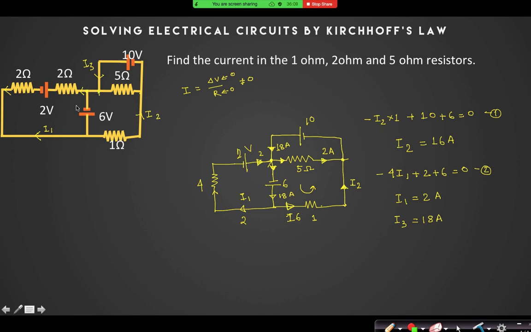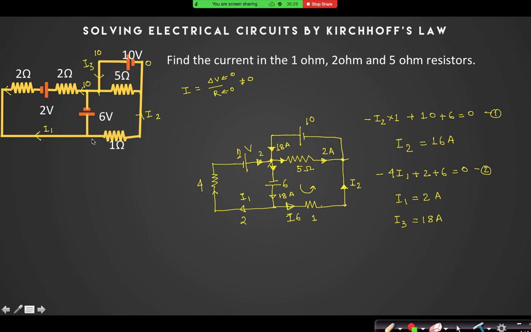Understood? So in this case, if I assume the potential of this point is 0, what is the potential of this point? 10. Now look, if this potential is 10, that potential will also be 10.